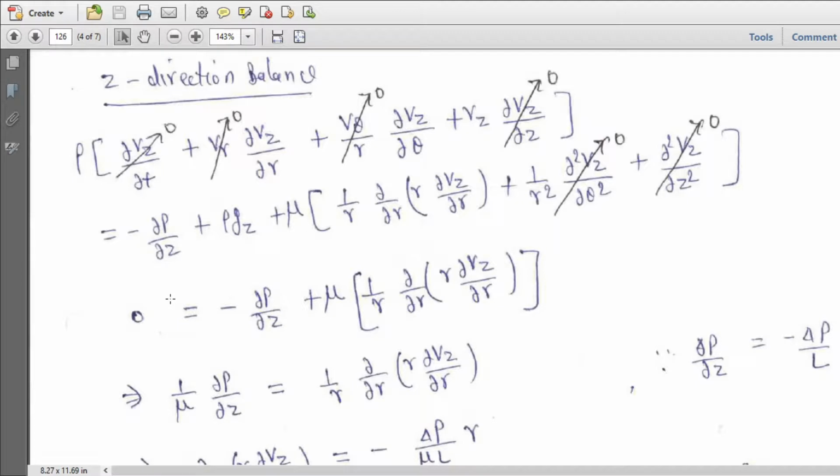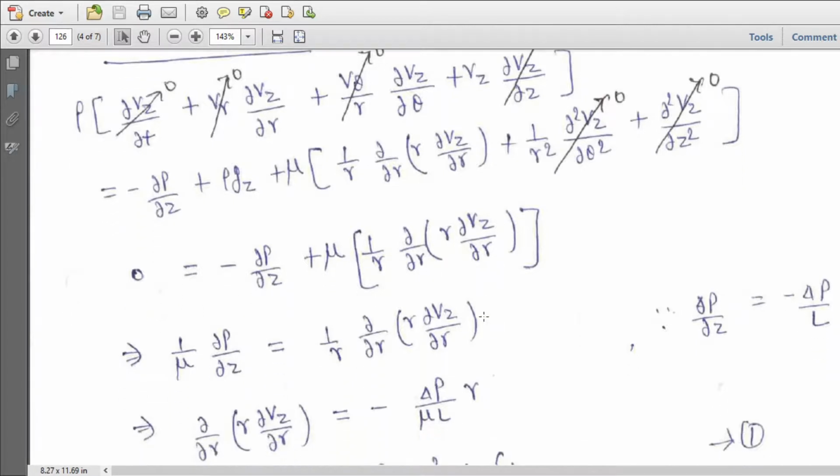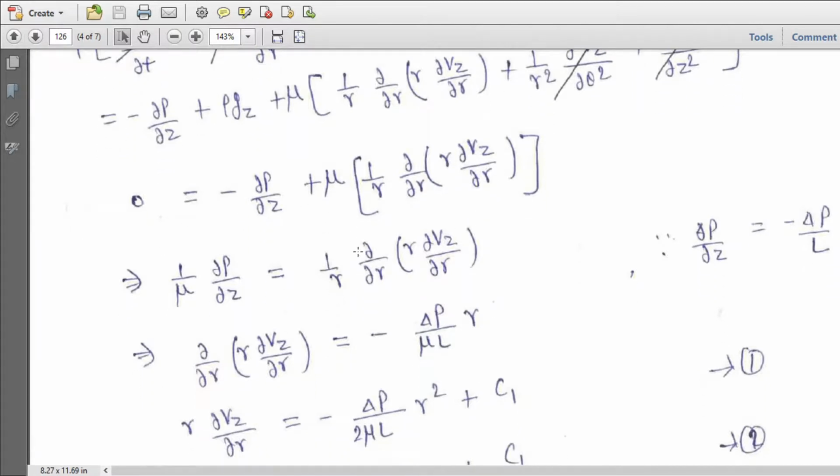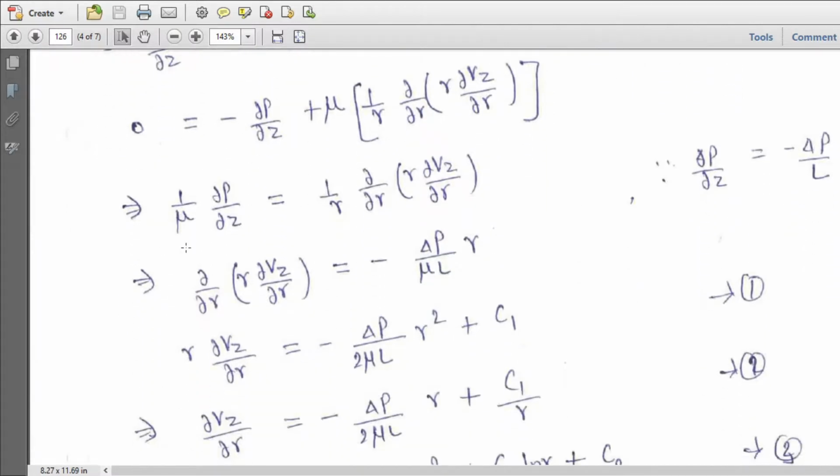So we end up here with 0 equal to minus del P upon del z plus mu 1 upon r del upon del r of r del Vz upon del r. So from here, 1 upon mu del P upon del z equal to 1 upon r del upon del r of r del Vz upon del r.